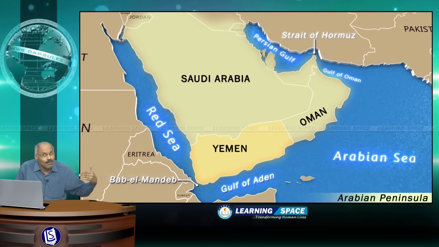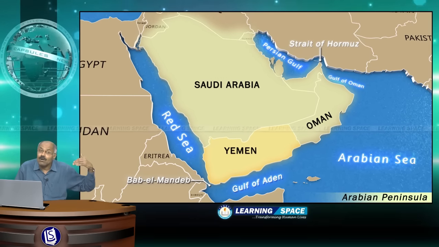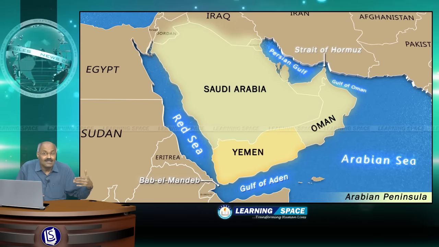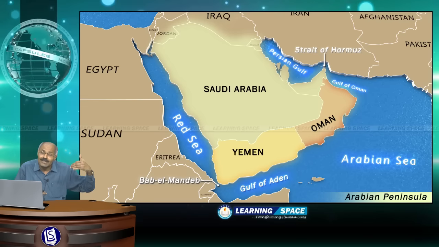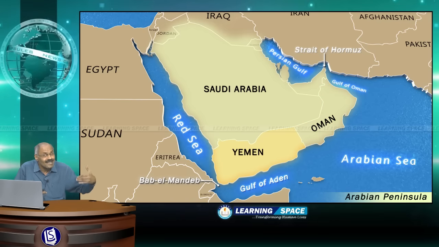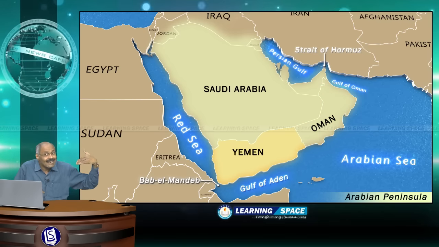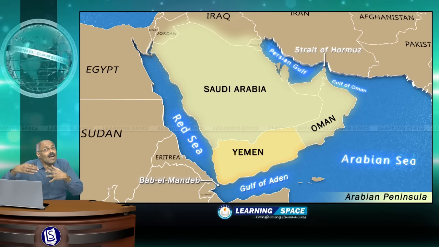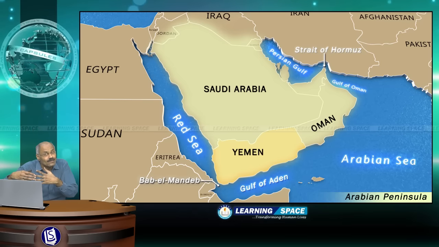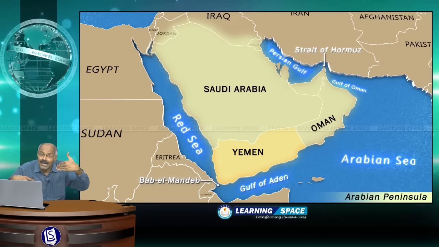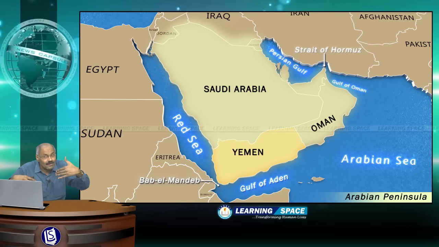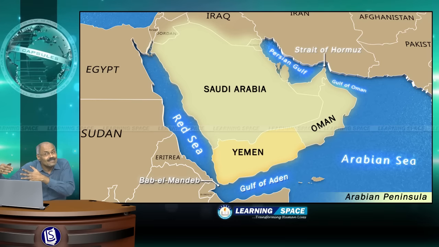And if you look at the borders of this country, it has land borders with Saudi Arabia and Oman. Please look into this slide. And if you look at the borders towards the seas, on one side it is the Red Sea, then the Gulf of Aden, and please don't forget the Red Sea and Gulf of Aden are connected by Bab el-Mandeb, and then the Arabian Sea.